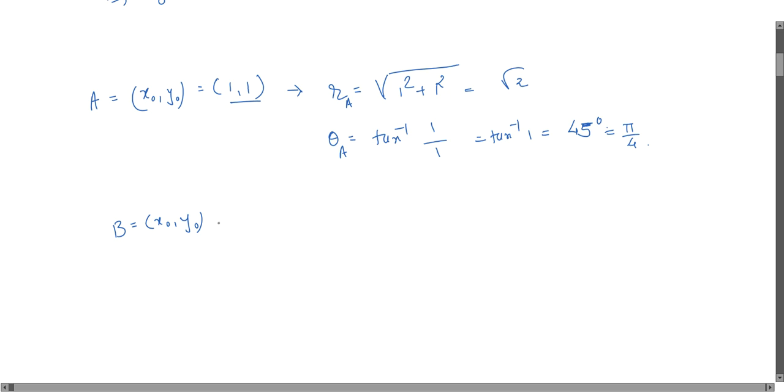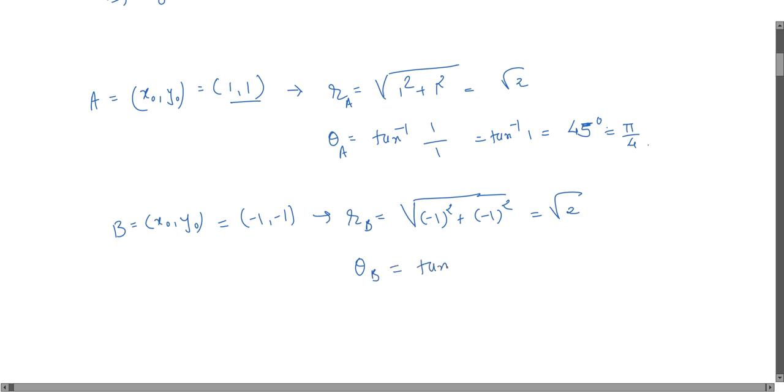Now for the point b (-1, -1), if I evaluate rb, then it is again square root of (-1) square plus (-1) square, that is square root of 2, and theta b is tan inverse (-1) by (-1), but that is again tan inverse 1, which is 45 degrees, or pi by 4.